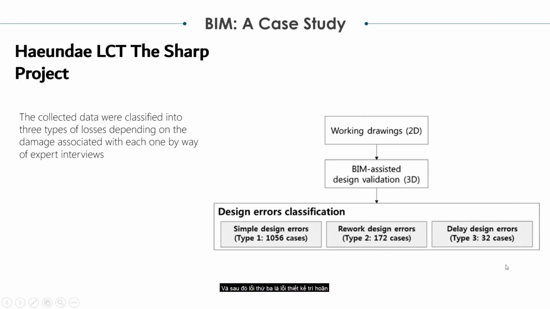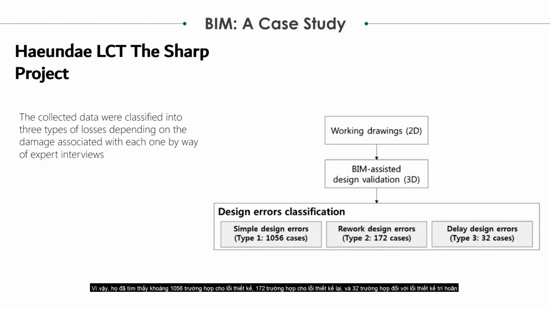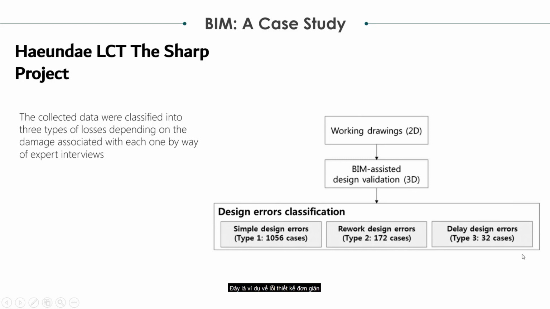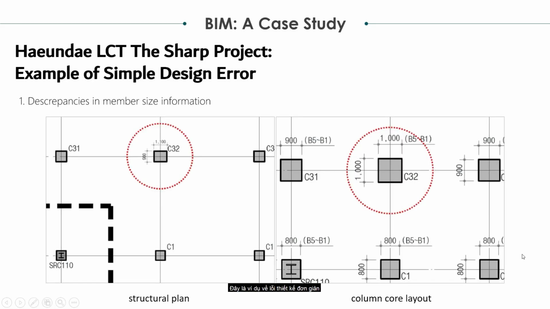The third one is delay design errors. This is also one part of rework design errors, which will cause a schedule delay of the total duration of the project. They found around 1056 cases of simple design errors, 172 cases of rework errors, and 32 cases of delay design errors.